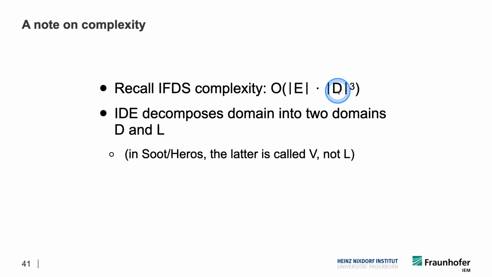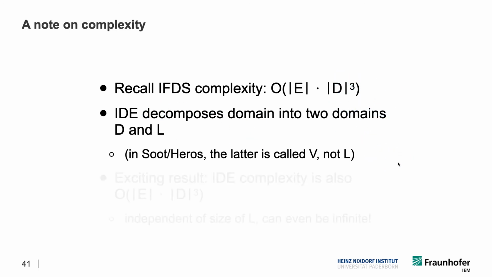So we still have a domain D that is used to label the nodes, but the context-dependent information we are factoring out into another lattice L, which is basically a value domain, right? So in Soot or Heros, I actually also called it V, not L, if you look at the documentation, because it's essentially a value domain, right? It describes the values that you are computing along these edge functions. And so this is being factored out.